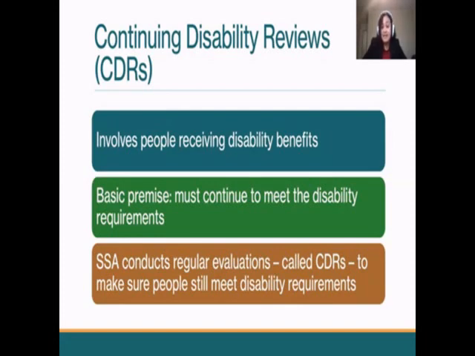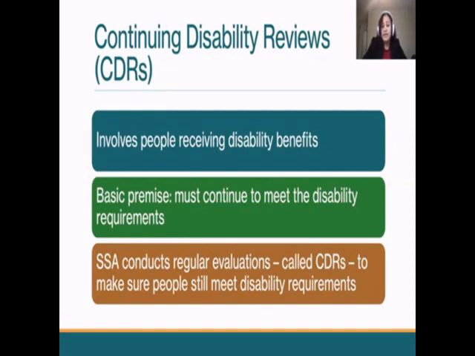So that means that CDRs apply to folks who either were approved when they initially applied or won their appeal at the various stages of appeal that we've talked about between Tuesday and today's presentation. The basic premise of continuing disability reviews is that once you're found disabled and you're approved initially, you must continue to meet certain requirements showing disability.